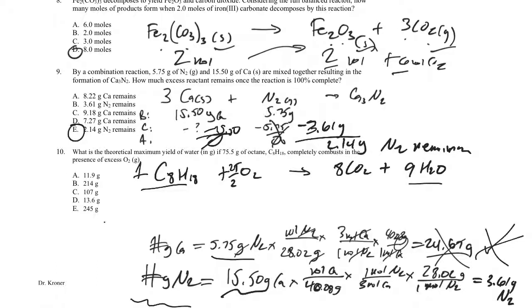So the theoretical maximum yield of water would be taking the mass of octane, 75.5 grams of octane, using the molar mass of octane, so 12.01 for carbon times 8 plus 18 for the hydrogens times 1.008 gives me a molar mass of 114.2.